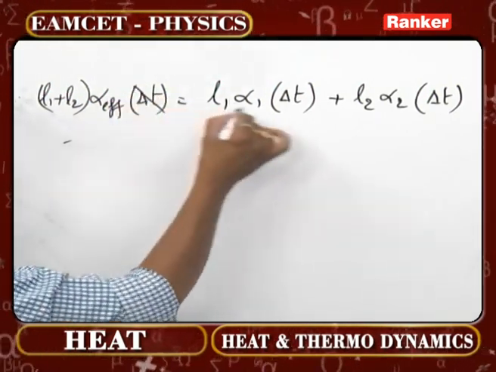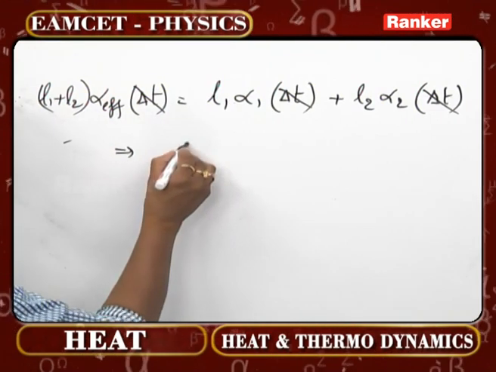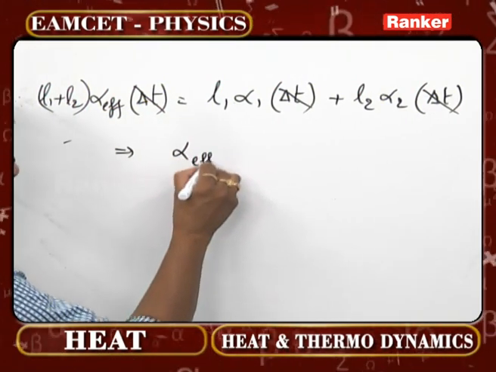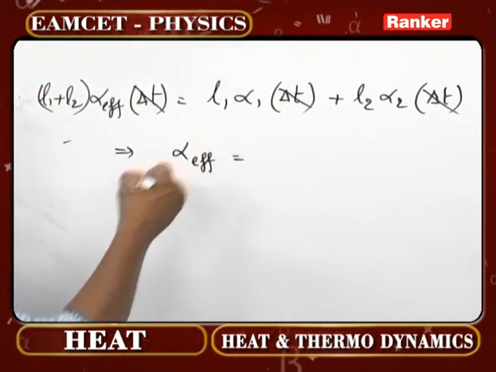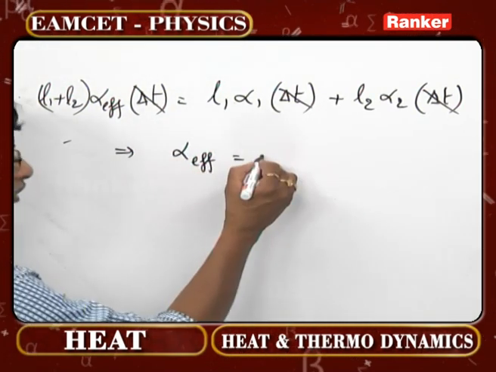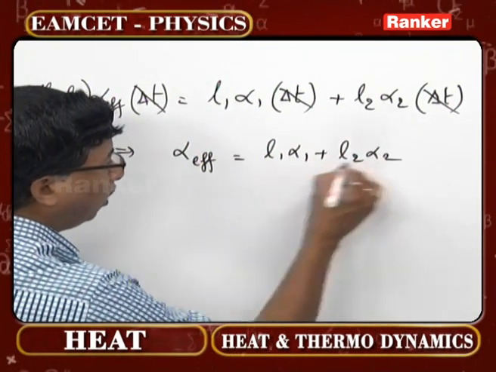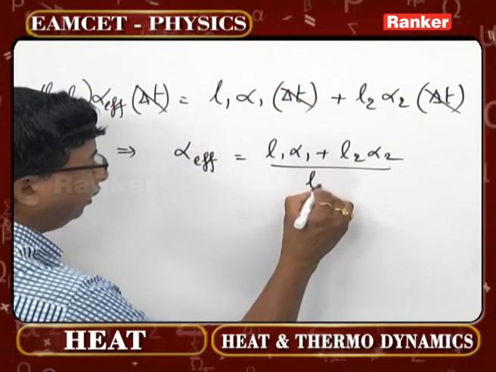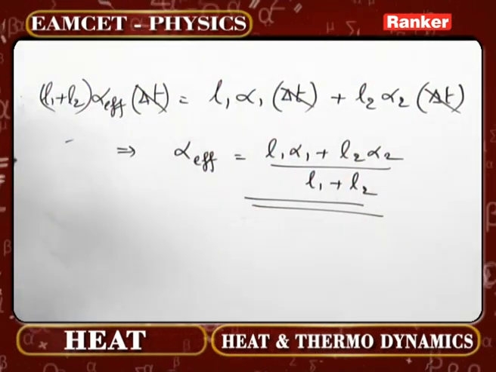Now if you cut this delta t throughout, what is now left over? Alpha of the effective rod, or the resultant rod after these two are attached to one another, is now going to be L1 alpha 1 plus L2 alpha 2 by L1 plus L2. This should be the corresponding equation.